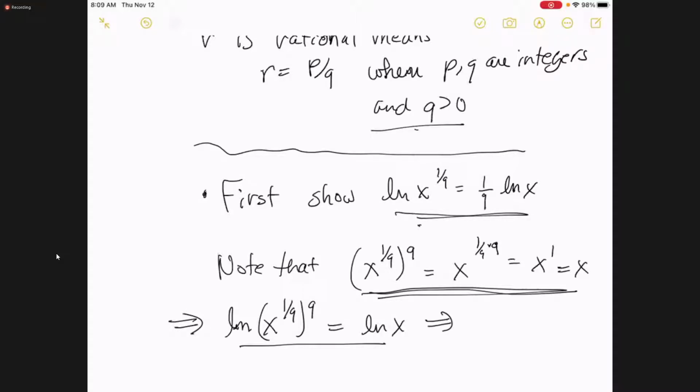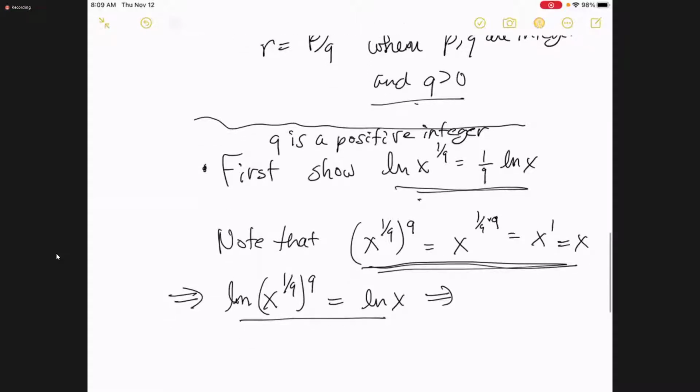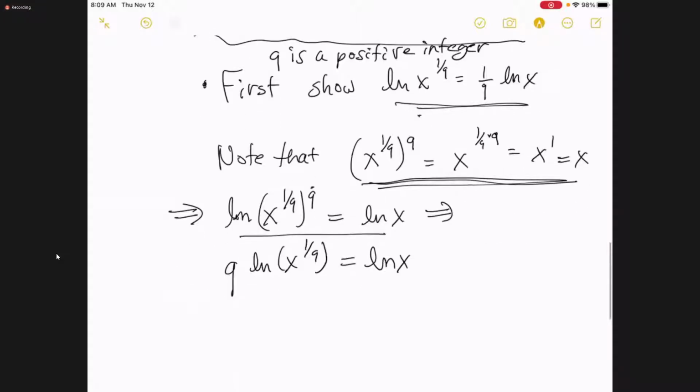Now, q is an integer. Oh, I should say that, q is a positive integer. Well, I've already shown that this rule works for all the integers, in fact. So I can bring this q down: q ln of x to the 1 over q is equal to ln of x.